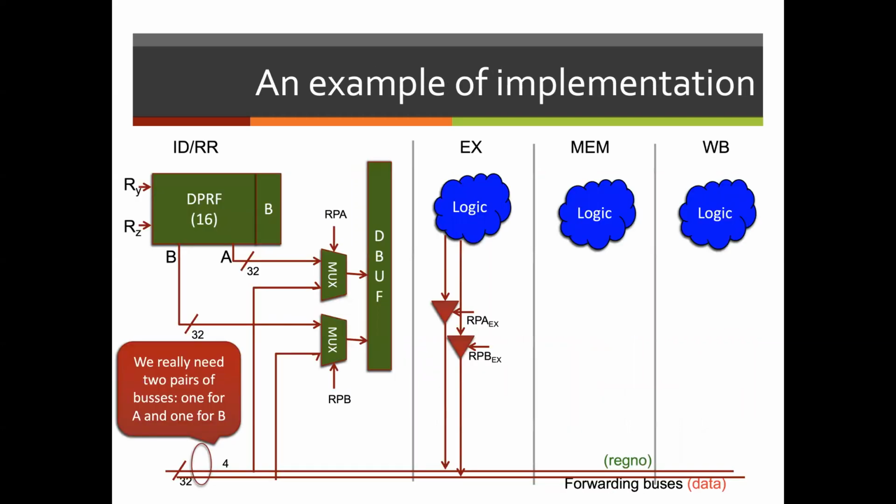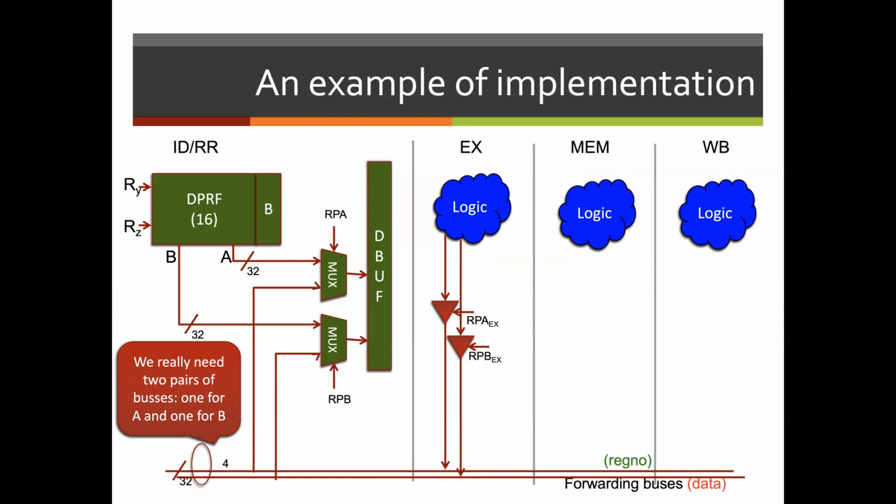And so how would we implement this? And so this provides a generalized example. We'll need to take into consideration that we'll need multiplexers for both A and B. And at the IDRR stage, this is going to put the register numbers that are used for A and B onto the 2 forwarding register buses.